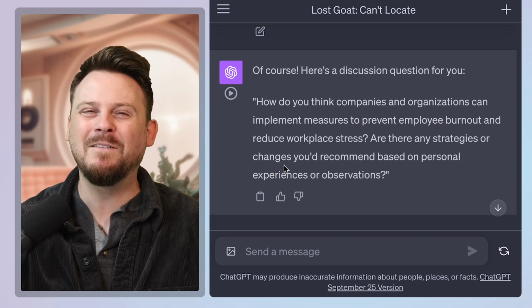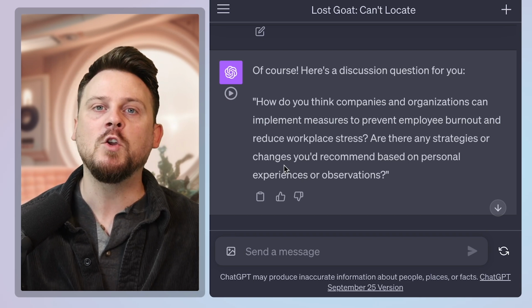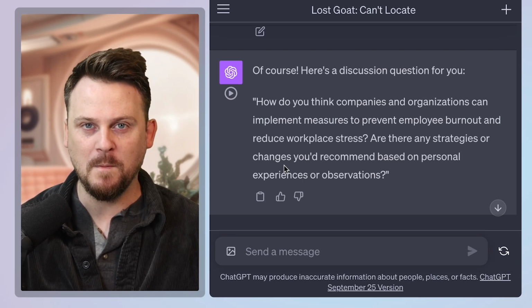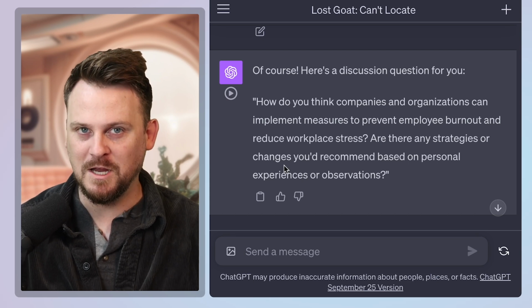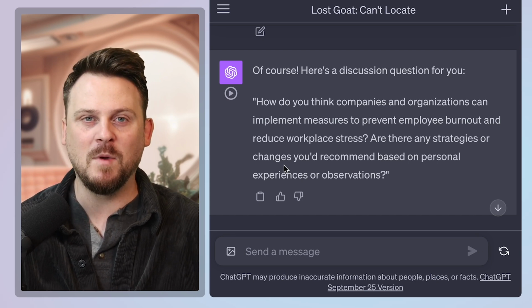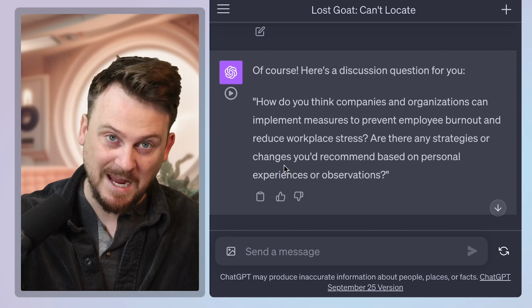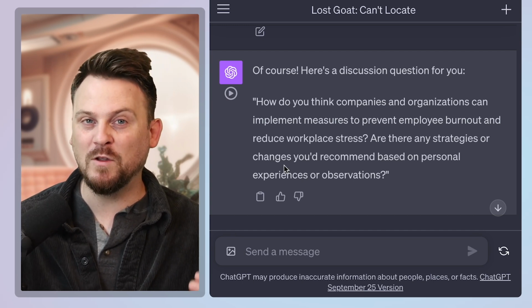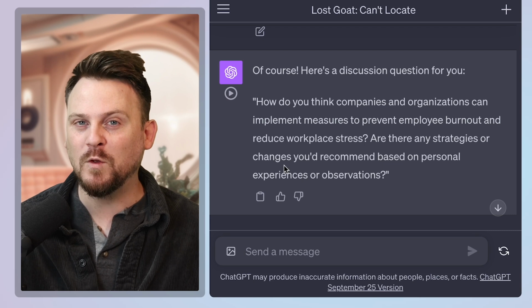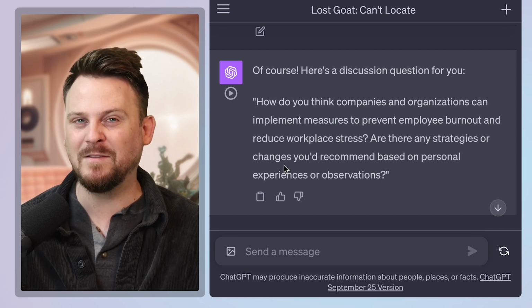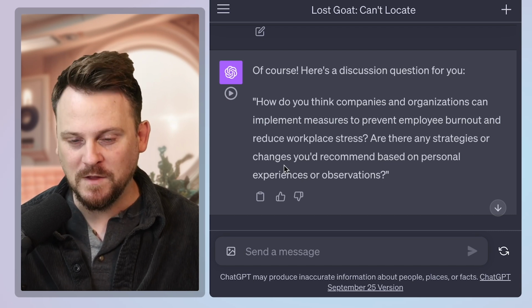Now, if you want to get very precise with it, you really have to structure these prompts much better than what I've done here. That's something that's covered in my ChatGPT course, where we look at a prompt which is insanely long because we want to make sure the whole thing is structured correctly and we're getting the right type of feedback. This is just a quick request based on the image.